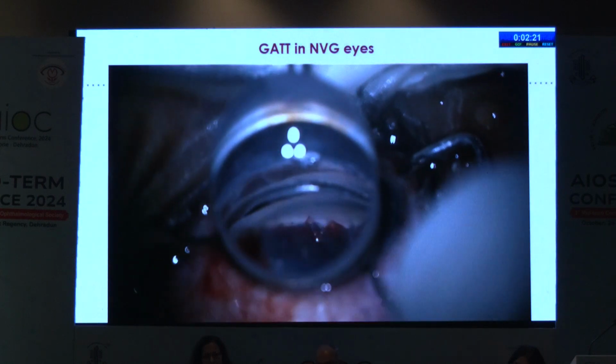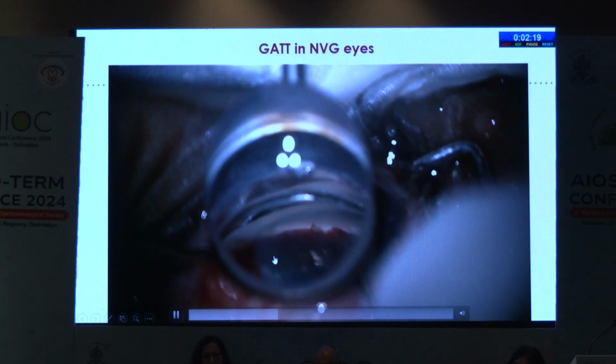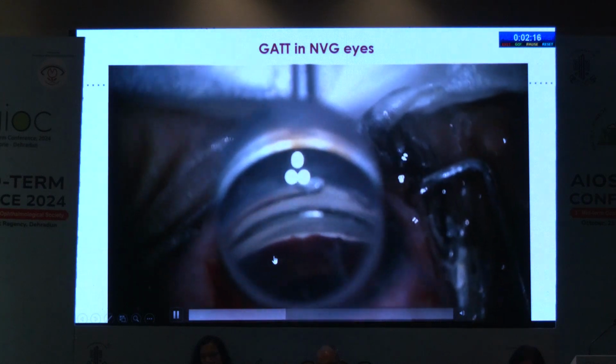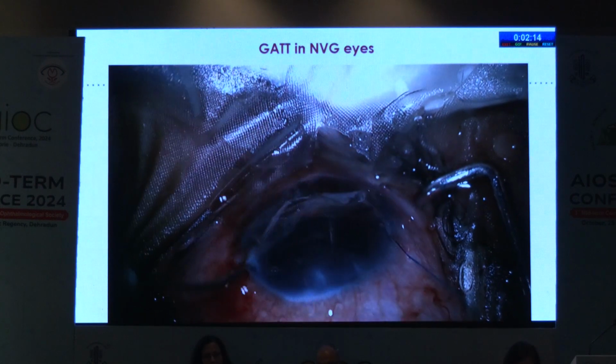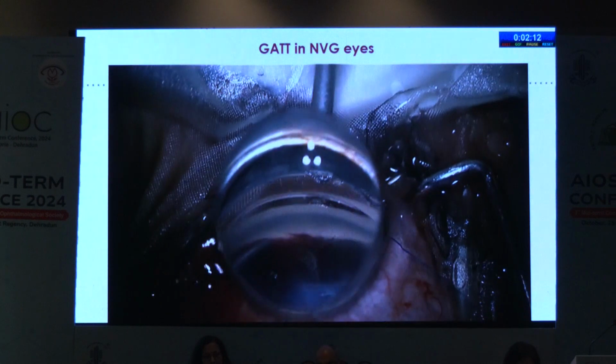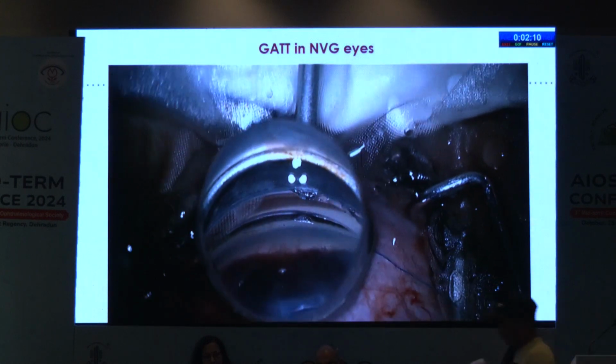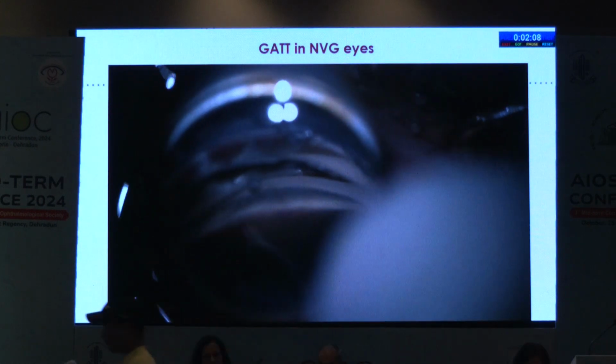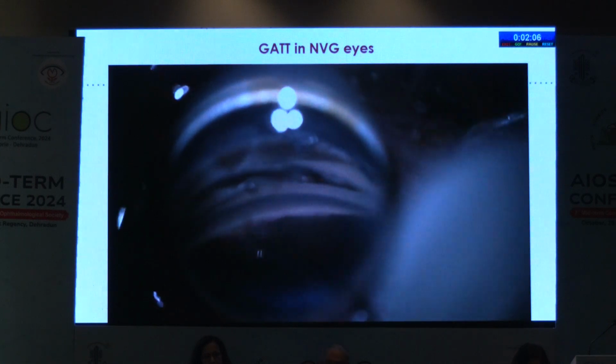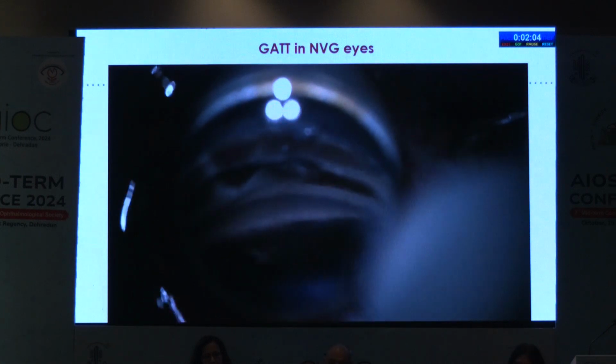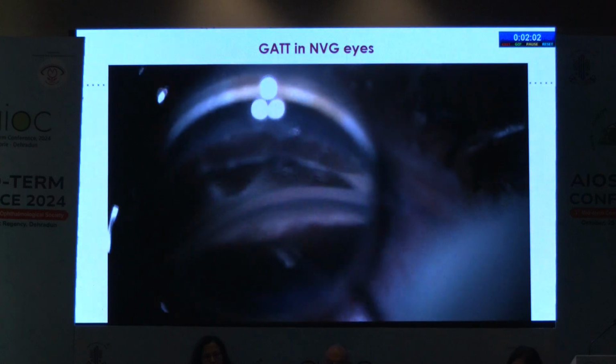After intracameral Avastin was given 48 hours before, we did this nasal goniotomy, which resulted in a lot of bleeding, and therefore we used this irrigating cannula, which helped us clear off the blood, and we could actually cannulate the Schlemm's canal and achieve the 360-degree cannulation.